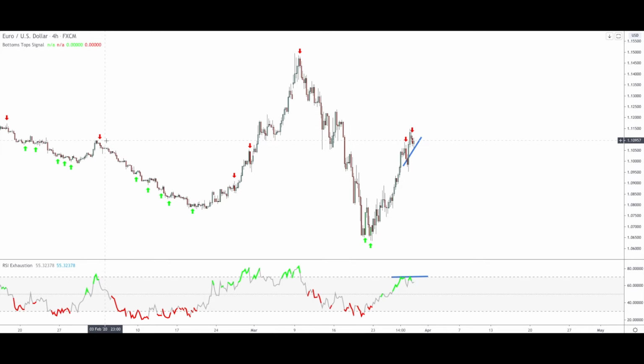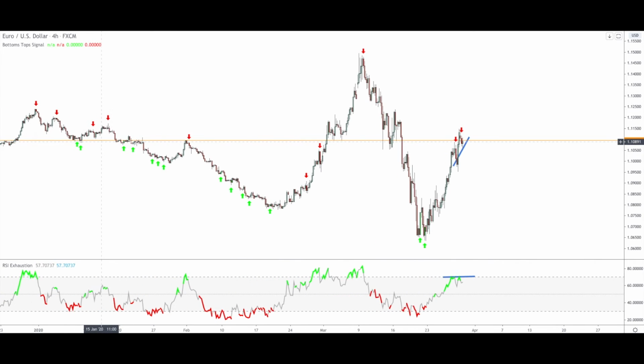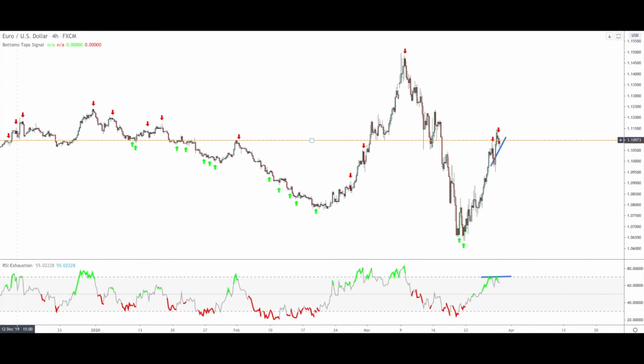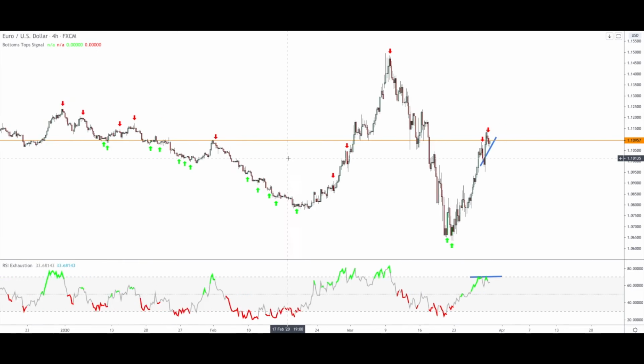The interesting thing is that, as you can see, in the previous video, and be sure to check that out as well, I drew a horizontal line here because it was respected here. It was a level here, here, and way back in the past.